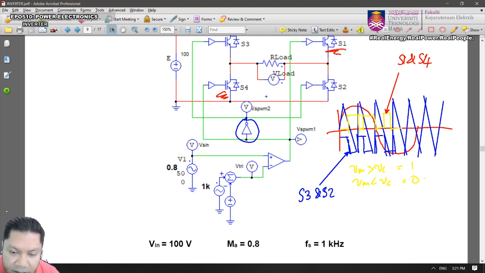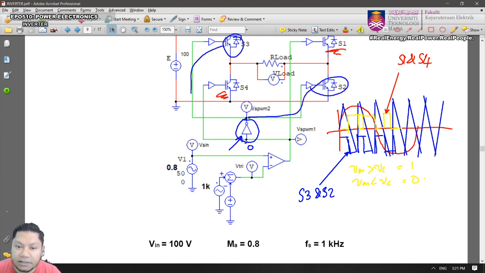This component will invert whatever value comes in. If 0, it will produce 1. If this is 1, it will produce a 0, the inverting version of that. So therefore, this will be connected to S2 as well as S3 here.